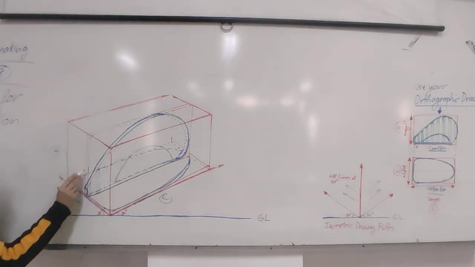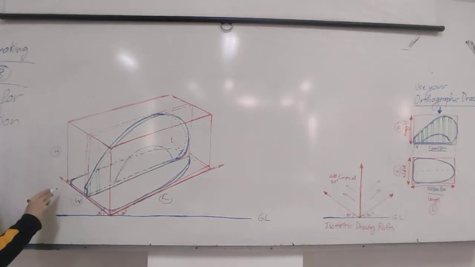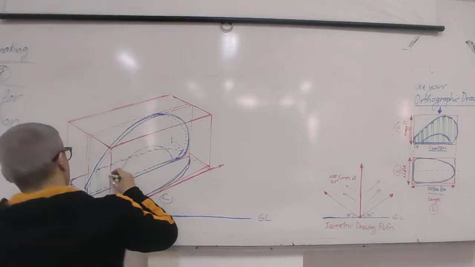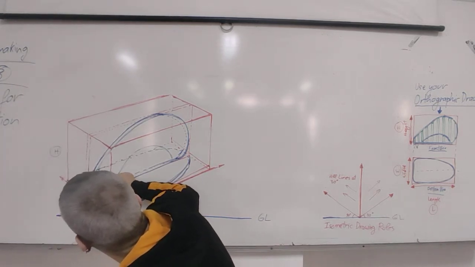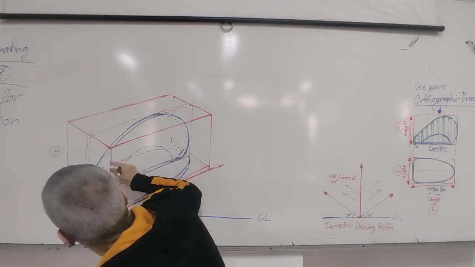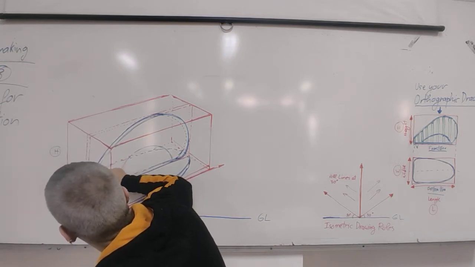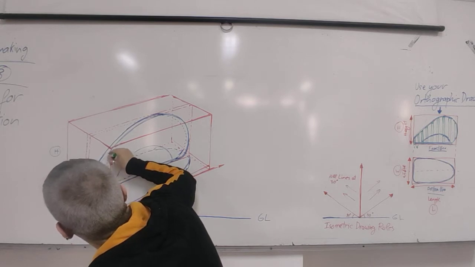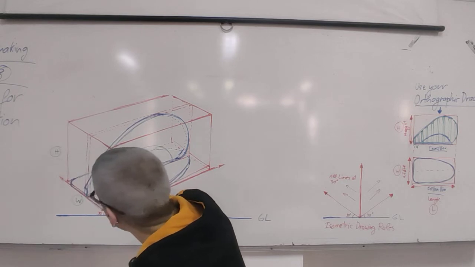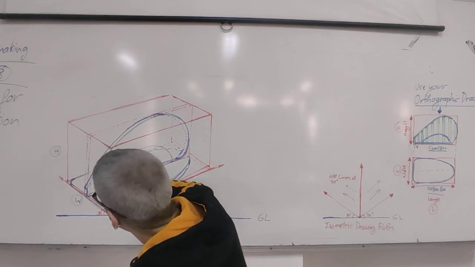Until where? Until you reach the curve. Then 5 millimeter space. Another 2 millimeter cardboard. Then again 5 millimeter space, another cardboard.